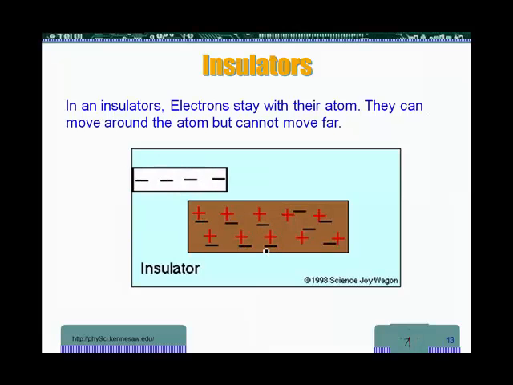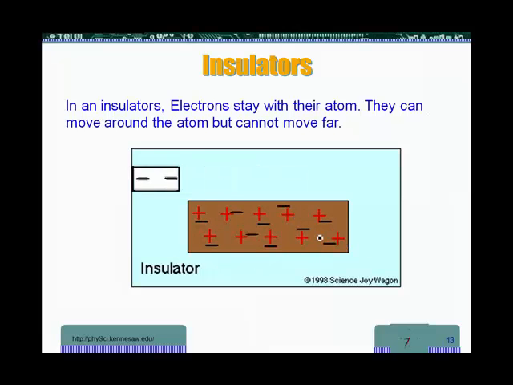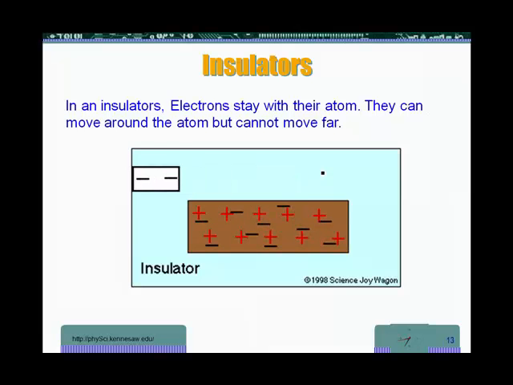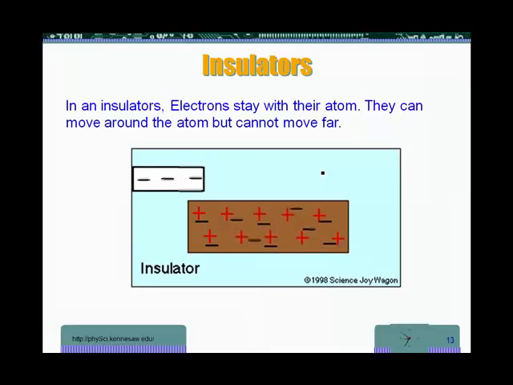So effectively, we are going to have an abundance of negative charges at the bottom and positive charges at the top. So effectively, we are going to see the same kind of effect. However, the electrons themselves are stuck to their atoms. They are not going to move far away at all.